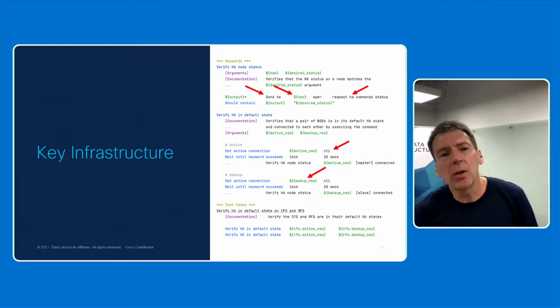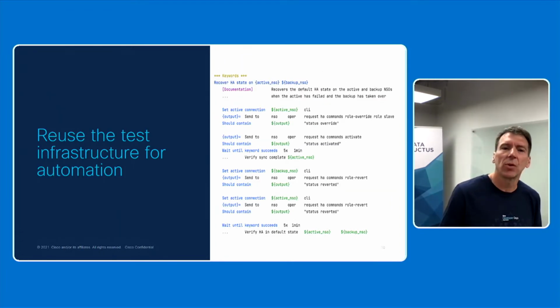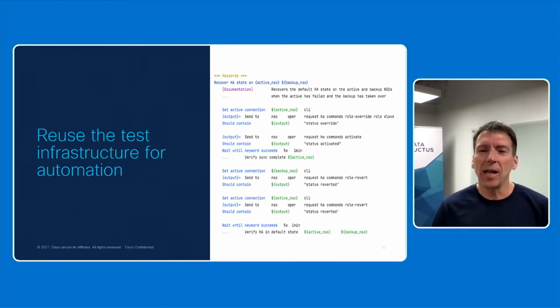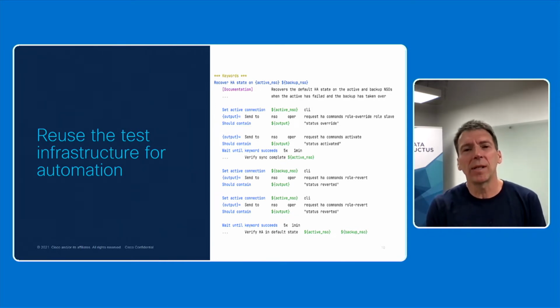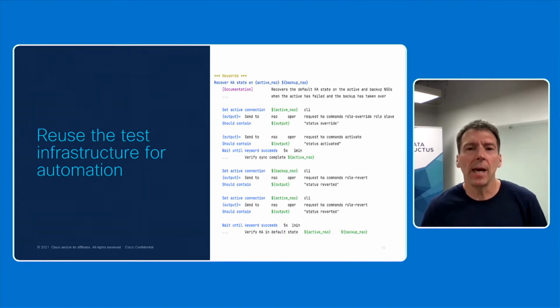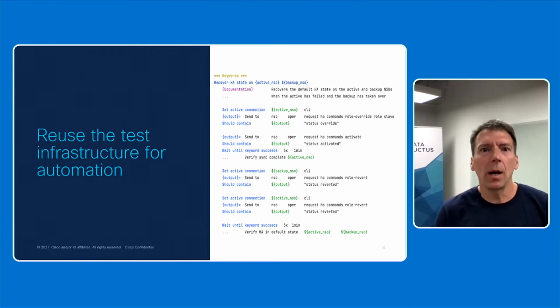So how do we reuse that test infrastructure for automation? If I had another chance to do an interactive poll, I would ask, what is the thing that you like doing the least with NSO manually? And I put up there: update software, update packages, reload packages, things like that. But the one that I would vote for is resetting the HA state on a number of nodes.